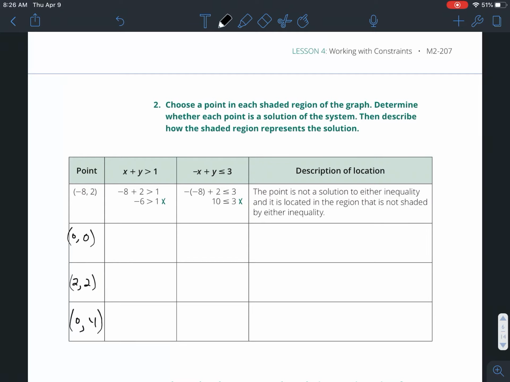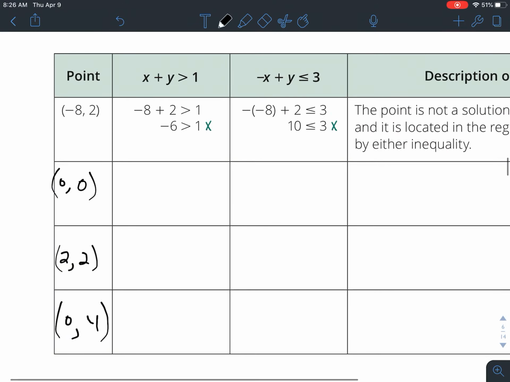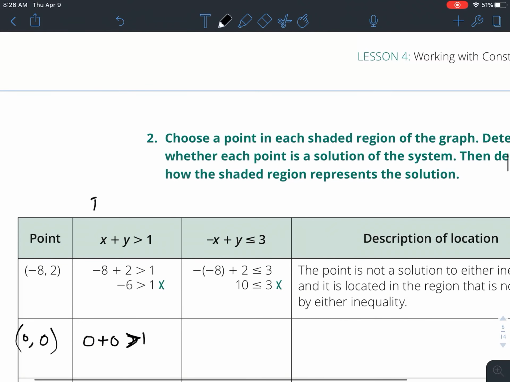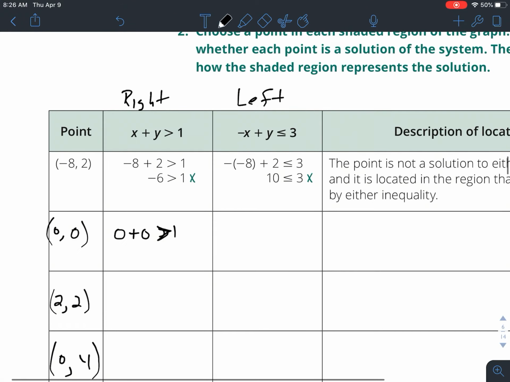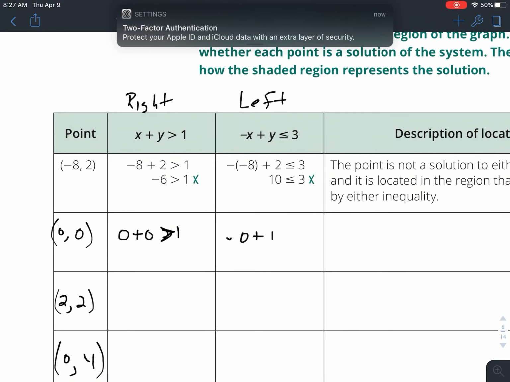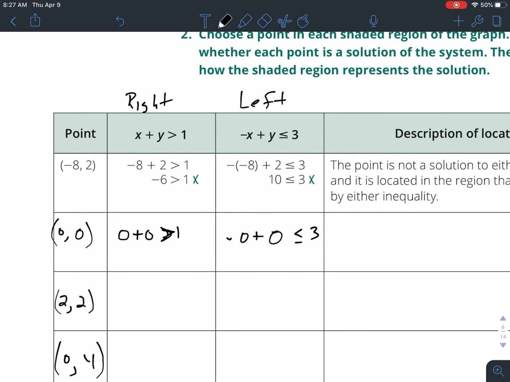So if we look at this, we're just plugging these numbers back into our formulas here. So essentially, 0 plus 0 is greater than 1. Okay, so just to give you guys an idea, this was the right side. This was the left side problems. Okay, plug them in here, 0 plus 0 is less than or equal to 3.